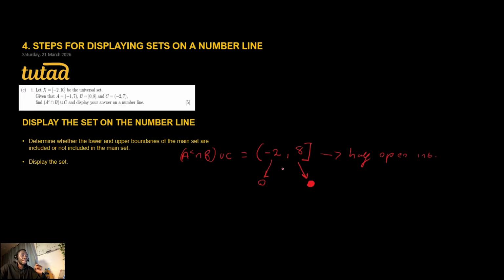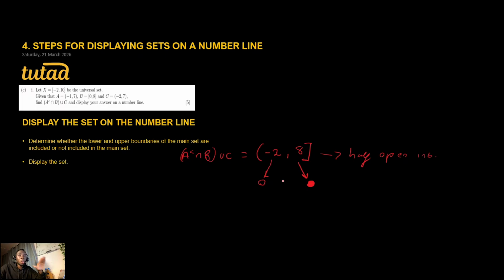I'll repeat that again. If a boundary is not included in a set, we are going to represent that boundary using an open circle on the number line. And if a boundary is included in a set, we are going to represent that boundary using a dot or a fully shaded circle on the number line. So that's the purpose of doing this.